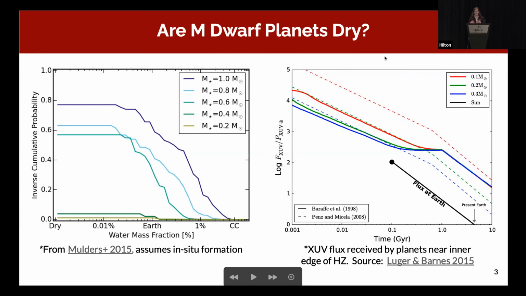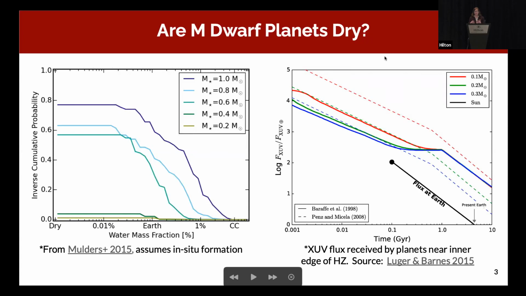In addition, however, M dwarfs provide a problem, as we don't necessarily expect planets around M dwarfs to be exactly the same as around other type stars. You can see in this figure on the left that planets, while they might nowadays be in the habitable zone, were actually dramatically interior to both the habitable zone and the snow line as they formed.